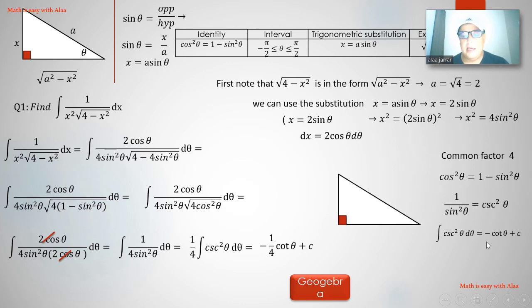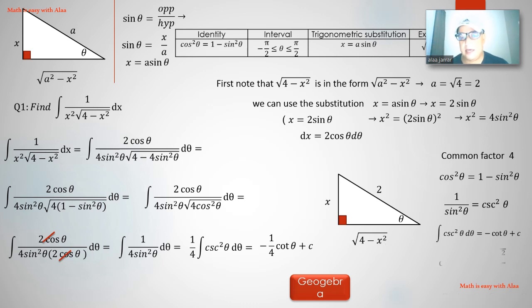Now, in the right triangle, the opposite side of theta is x and the hypotenuse is a, and a equal 2. And by using Pythagorean theorem, the adjacent will be the square root of 4 minus x squared.